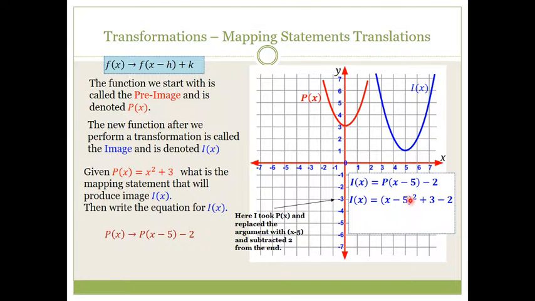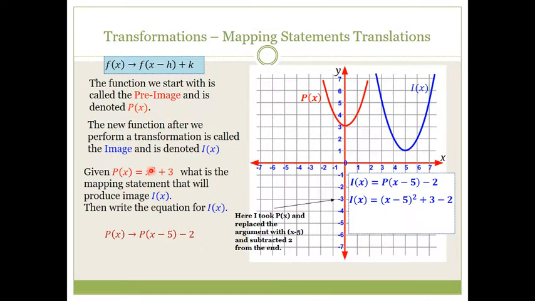Notice that I take the x minus 5, that's doing my right shift of 5, and I plug it in where I see the x's in p of x. If I had another x term, like if it was x squared plus x minus 3 or something, I would replace every x with parenthesis x minus 5, wherever I saw the x. That's what we call replacing something inside the argument.